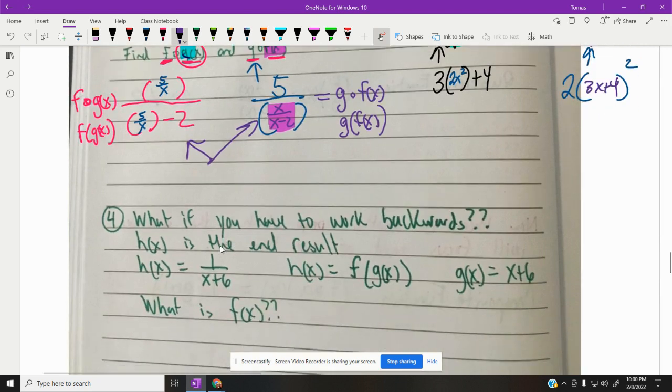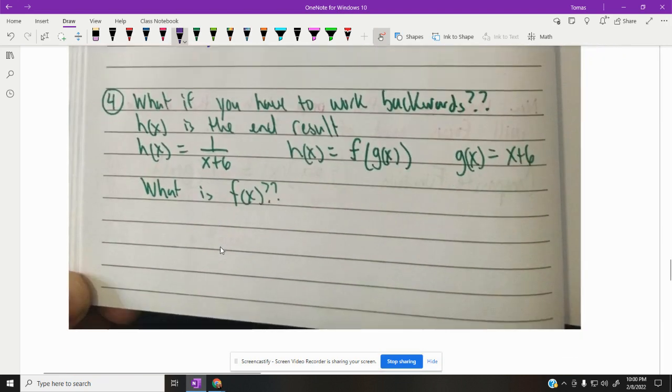Oh, right here. This is a good one. This is like a little puzzle. All right, so check this out. They tell you that h of x is f of g. And they tell you g is x plus 6. And they tell you that h of x is also 1 over x plus 6.